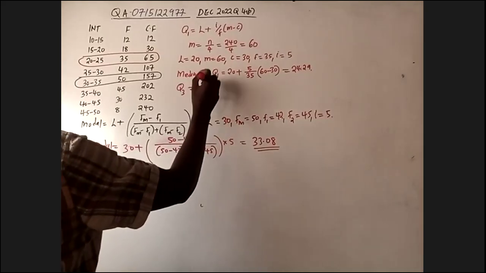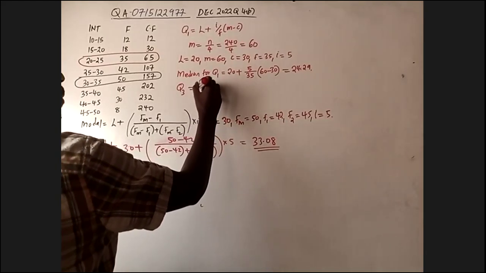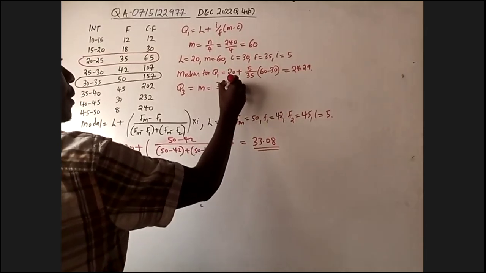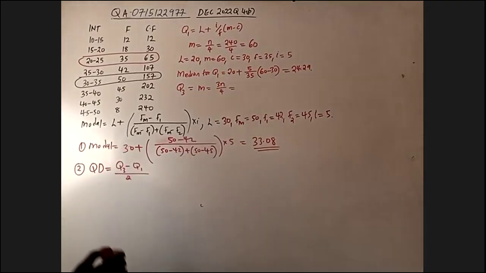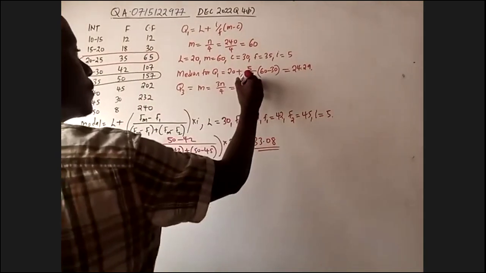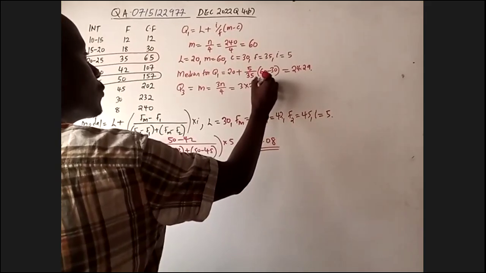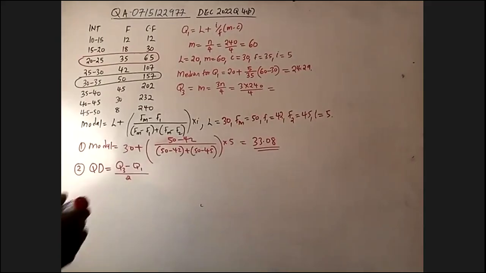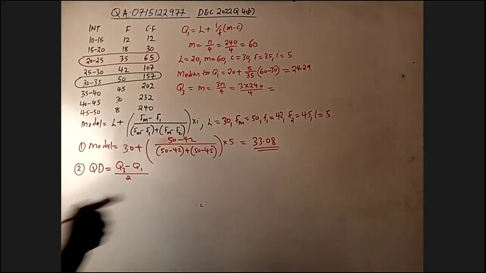Q3, our M will be equal to 3N over 4, that is 3 times 240 over 4, which is 180.